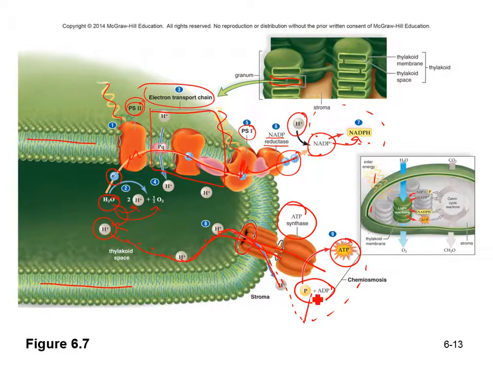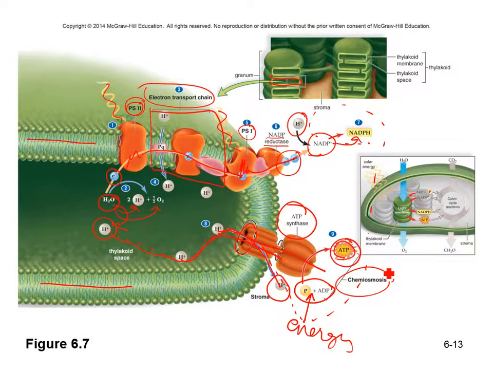Remember, what do we have to add to ADP plus P? We have to add energy if we want to get ATP out, right? Do you notice, though, that the hydrogen does not have anything to do with creating the ATP or the phosphate and the ADP? It just causes the turbine to move, which generates enough electricity. That is called chemiosmosis.